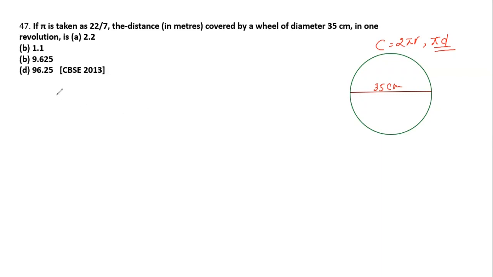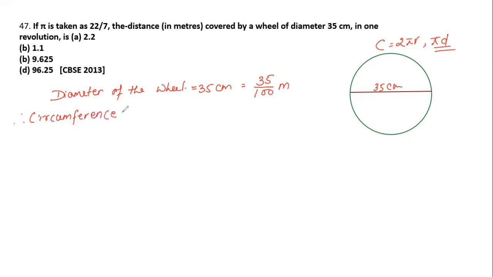So write down, diameter of the wheel is equal to 35 cm, that means 35 upon 100 meter. Circumference required is equal to pi d, 22 upon 7 multiplied by 35 upon 100.